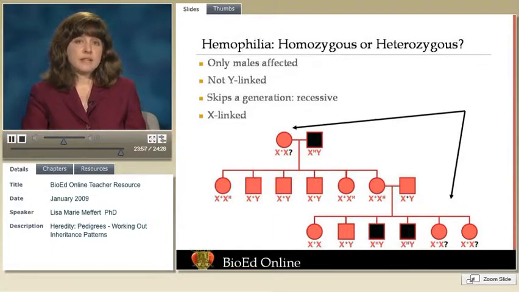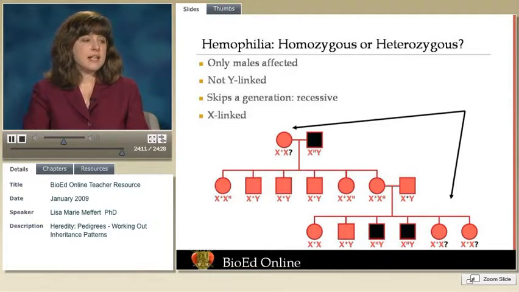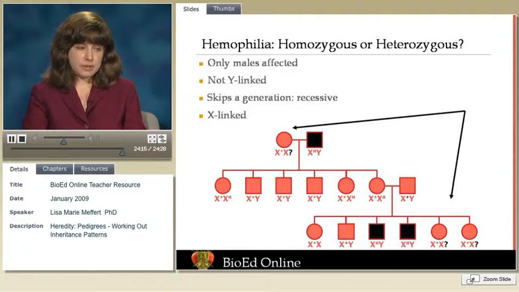So hemophiliacs, the more severe kinds of hemophiliacs, often can't even make it to adulthood to reproduce. So we will find that the frequency of that kind of allele will be rare in the population. So we can just say, on average, our statistical guess is that this female up here is homozygous for the normal allele.